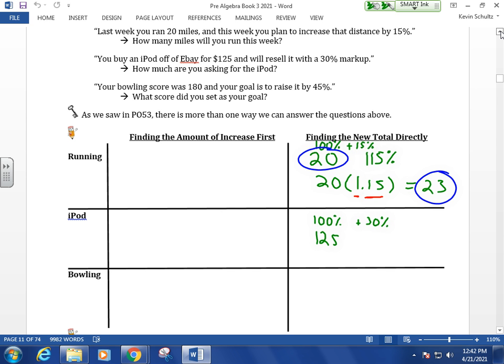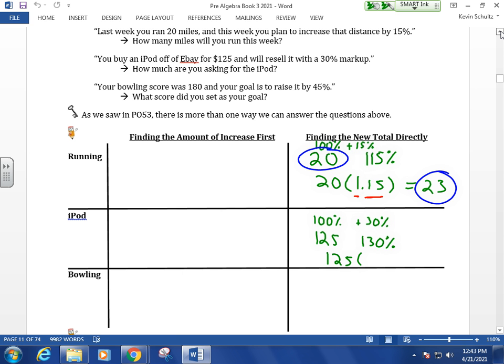And 100% plus 30% is a total of 130%. So we have the original 125 and we're increasing it by 30%, which means if we multiply 125 by 130%, that will give us the price that we are going to sell it for, to make a profit.